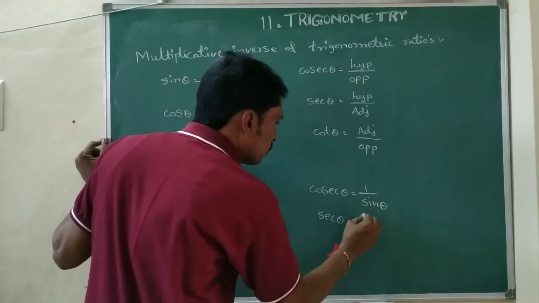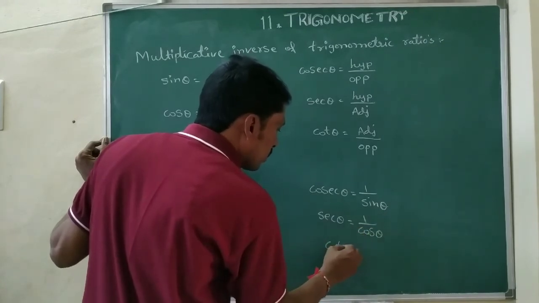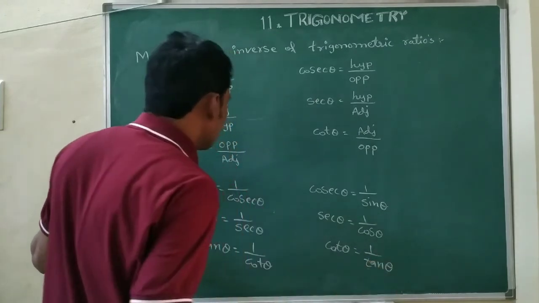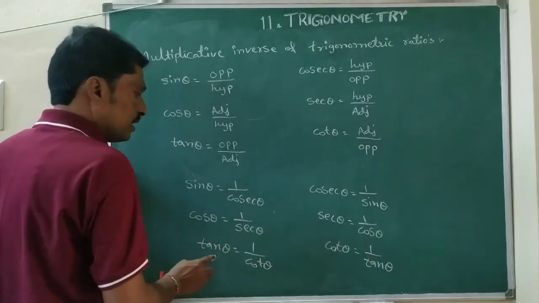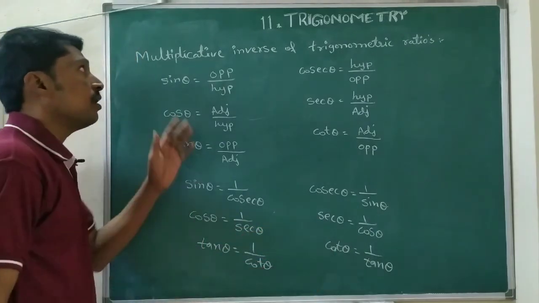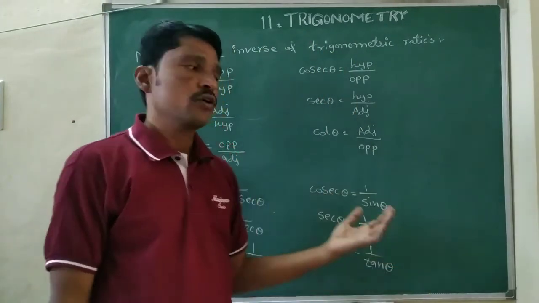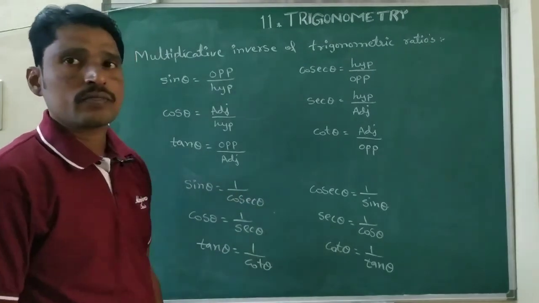Sec theta equals 1 by cos theta. Cot theta equals 1 by tan theta. Sin, cosec, cos, sec, tan, cot: these are the multiplicative inverses of trigonometric ratios. So you have to learn these multiplicative inverses also.